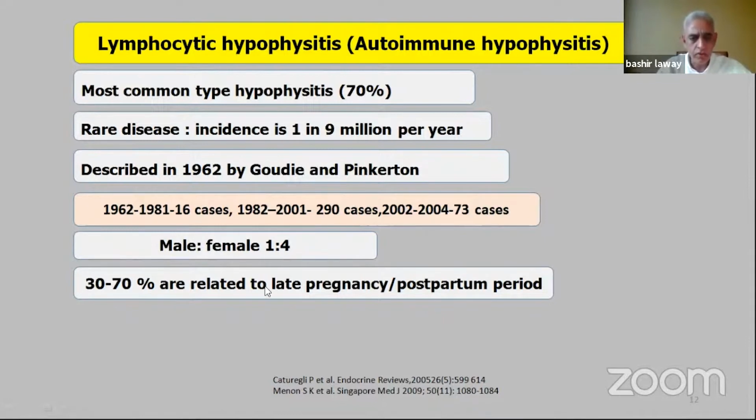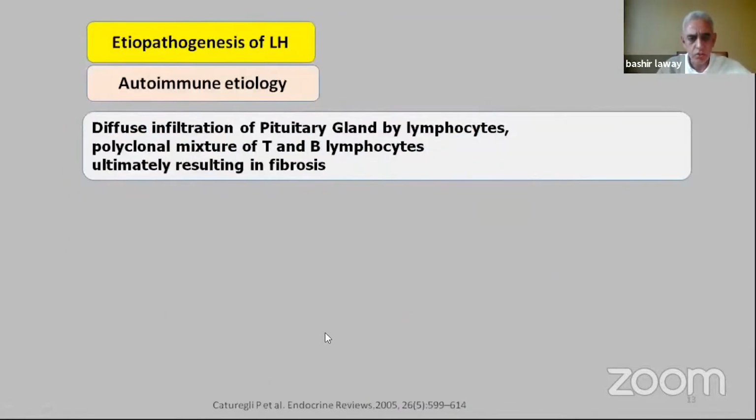It's more common in women, and almost 30 to 70% are related to pregnancy. It means it occurs either in late pregnancy or in the immediate postpartum period. So we know it has an autoimmune etiology. There's a diffuse infiltration of the gland with lymphocytes, both T and B lymphocytes. Initially there is infiltration only, but ultimately there is fibrosis.